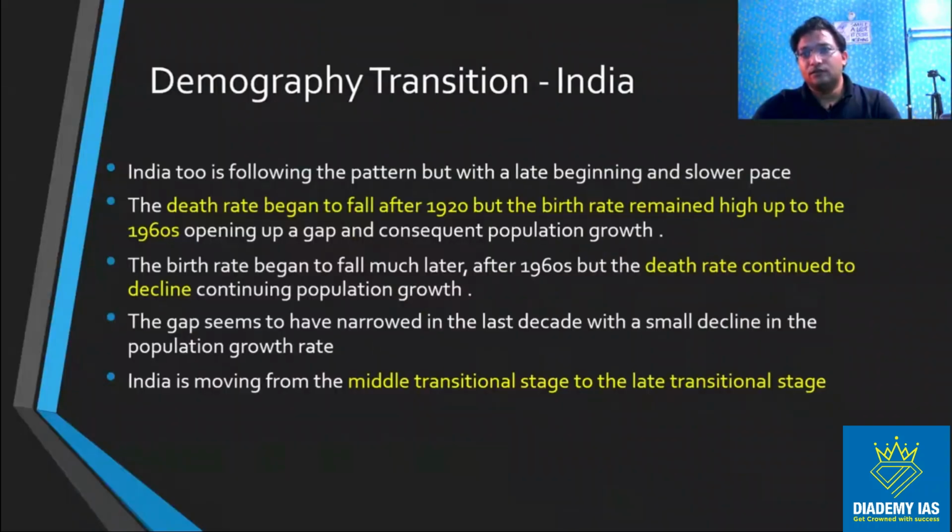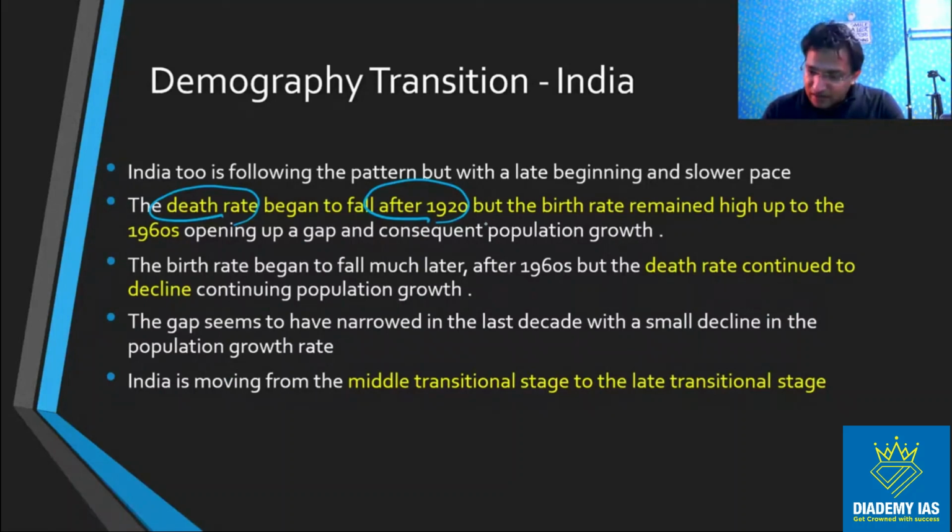Now, demographic transition in India. If we see in India, the death rate began to fall after 1920. ठीक है? India में death rate fall करना start हुआ. That is, we entered into the 2nd stage after 1920.